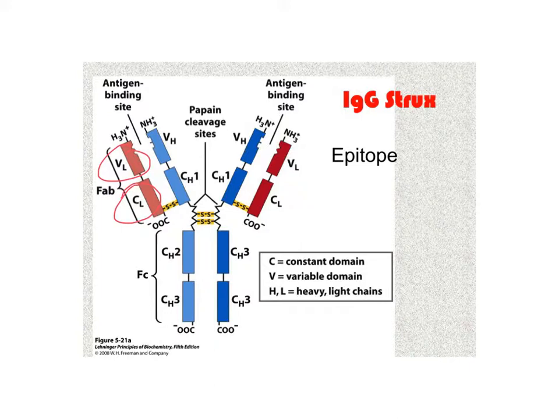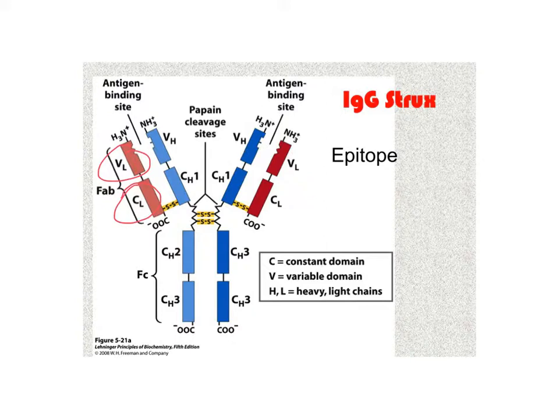Okay? And you can have something called a monoclonal antibody, or you can also have polyclonal antibodies. Monoclonal antibodies are those that are synthesized from the clones of a specific B cell. So all of the identical B cells make and recognize one specific antigen.